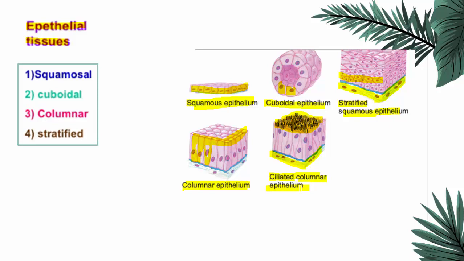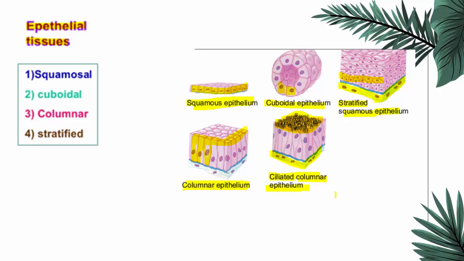So columnar epithelium cells are column-like structures. If their free surface, the brush border, is having hair-like cilia, the same columnar epithelium is known as ciliated epithelium. And remember, the ciliated epithelium is mainly involved in the function of the filtration.